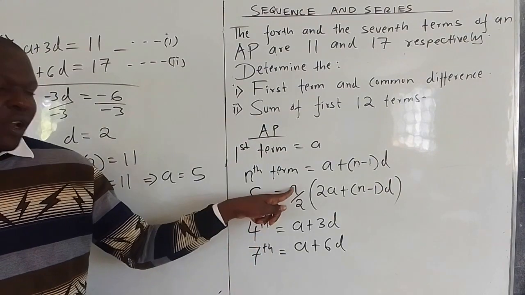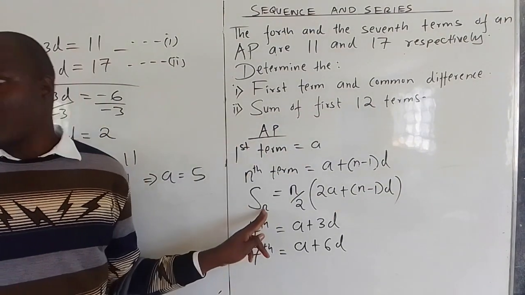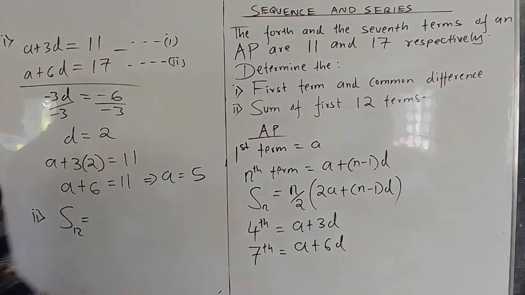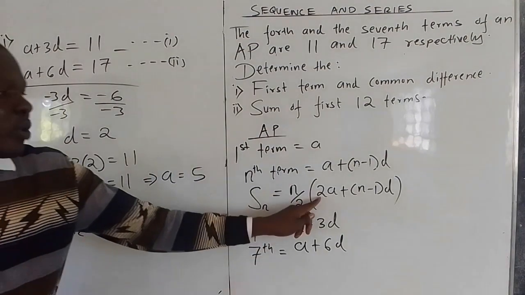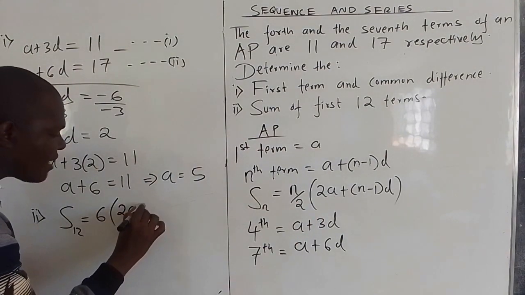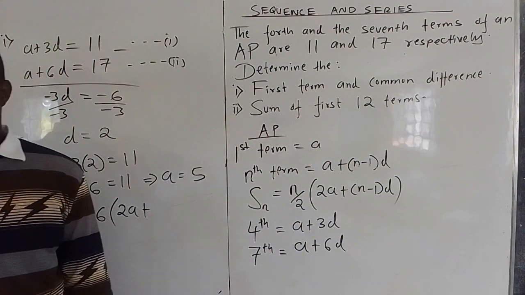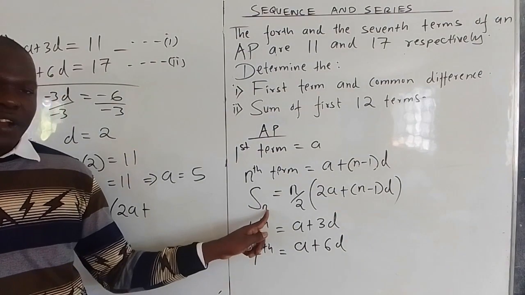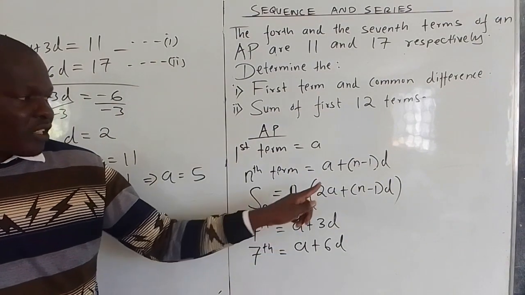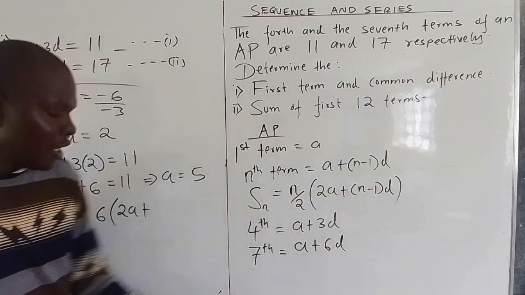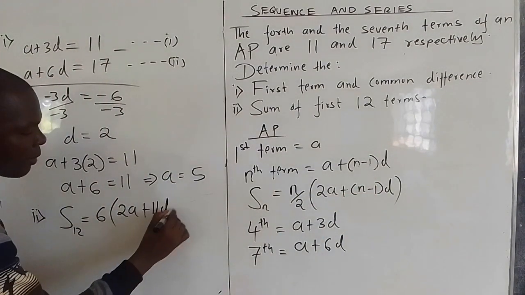Here n is 12, so we are talking about S12, which will be equal to 12 over 2, which is 6, then in brackets 2a plus 12 minus 1, which is 11d. So it is 2a plus 11d.